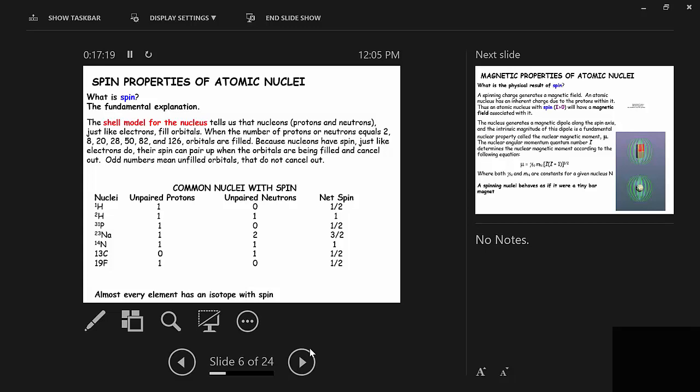So the most common is hydrogen. Hydrogen is very abundant. It's like 99.9 something percent abundant. Deuterium is not very abundant, so even if it's invisible, we don't really care. P31 is 100% abundant, but it has a weak signal, so unfortunately it's spin 1/2. Sodium-23 is not as abundant as sodium-22.